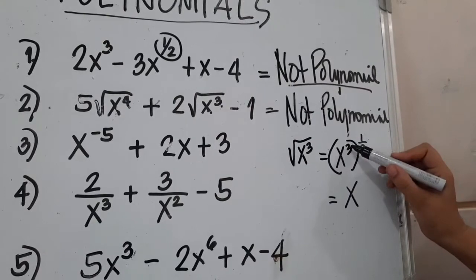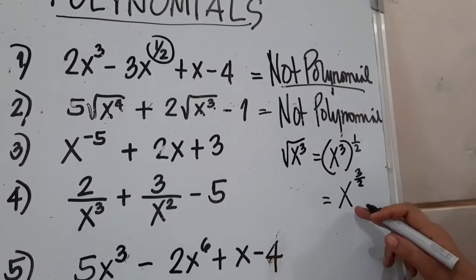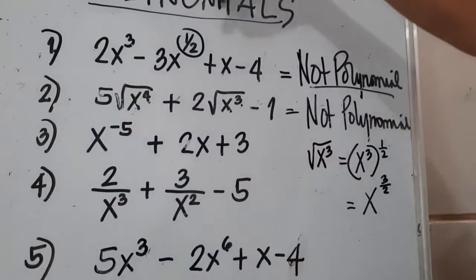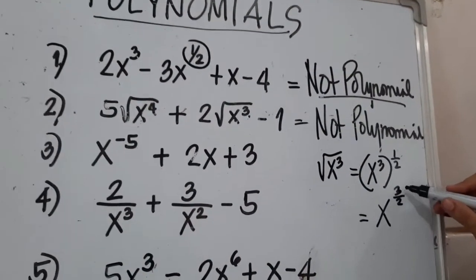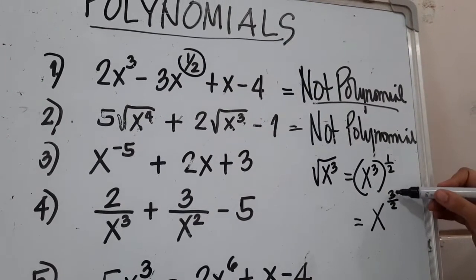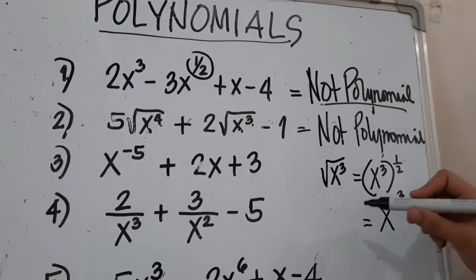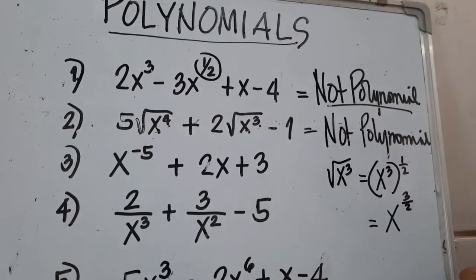You just multiply 3 times 1/2. That will become 3/2. Take note, for polynomials, the exponent must be a positive whole number, and this 3/2 is not a whole number. So automatically, number 2 is not a polynomial.